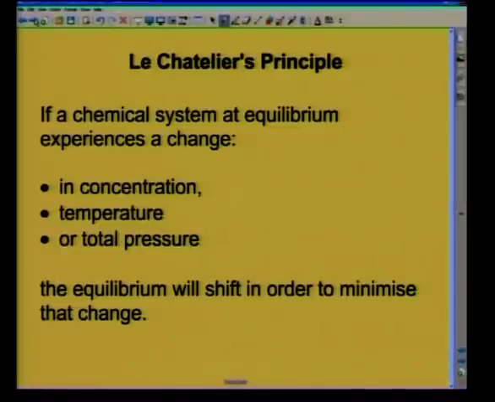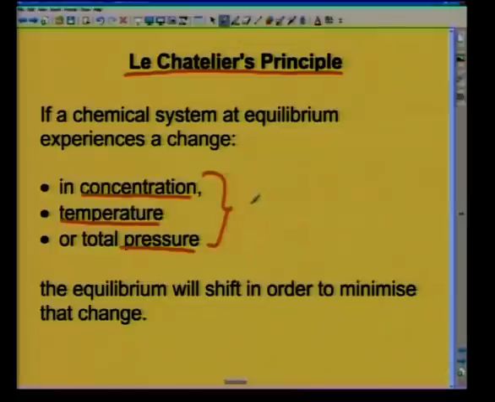Right, let's now move on to something called Le Chatelier's principle. Le Chatelier's principle talks to us about 3 factors that affect the state of equilibrium. Those 3 factors are concentration, temperature, and pressure. These are the only 3 factors that affect a state of equilibrium.